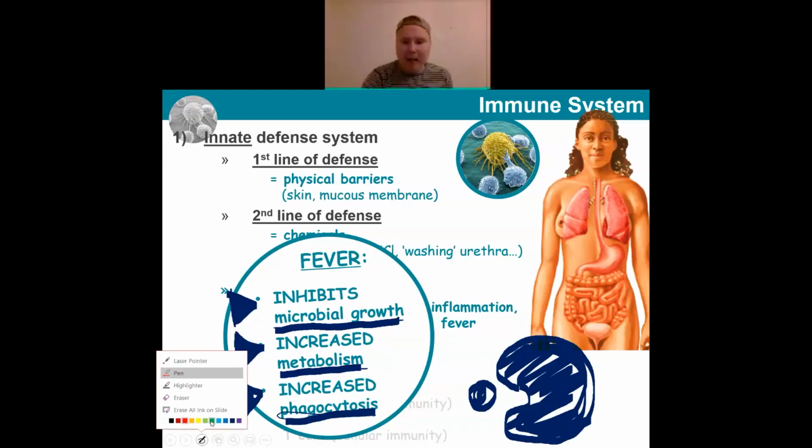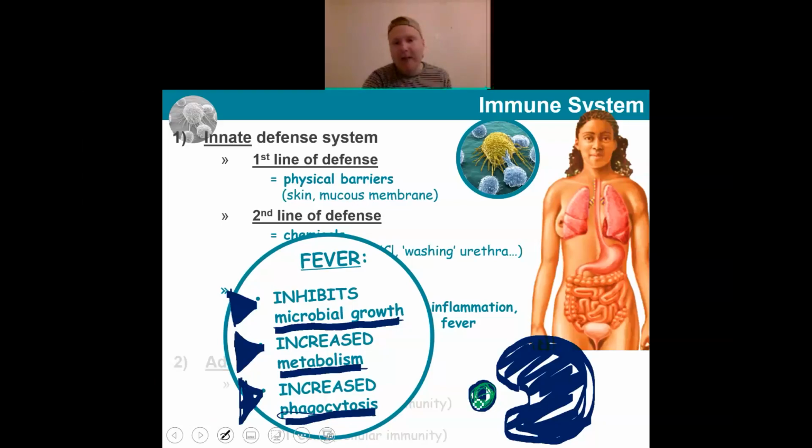Let's say that what shouldn't be in our body is this green blob. So it's going to eat it and then break it apart and get rid of it. So this is how phagocytosis works. So it is a good thing to have increased phagocytosis.